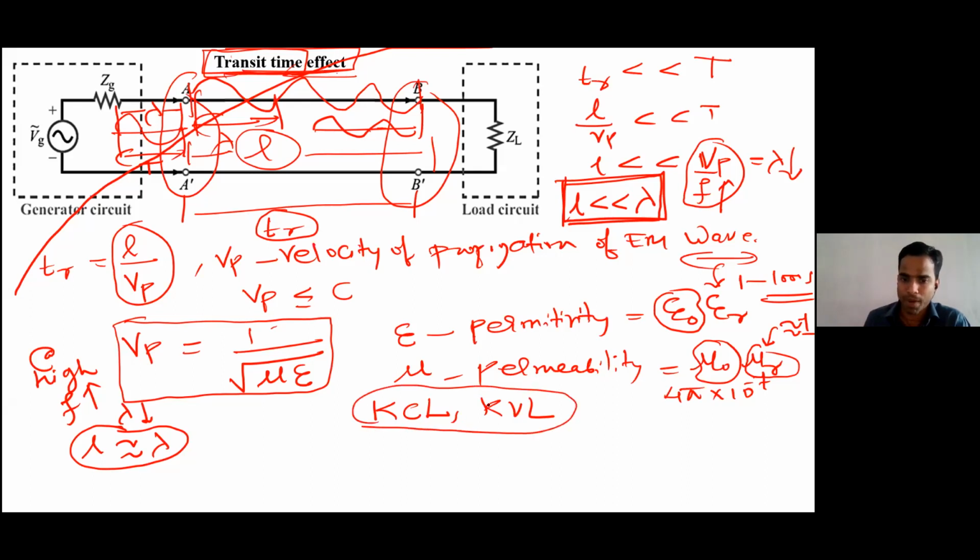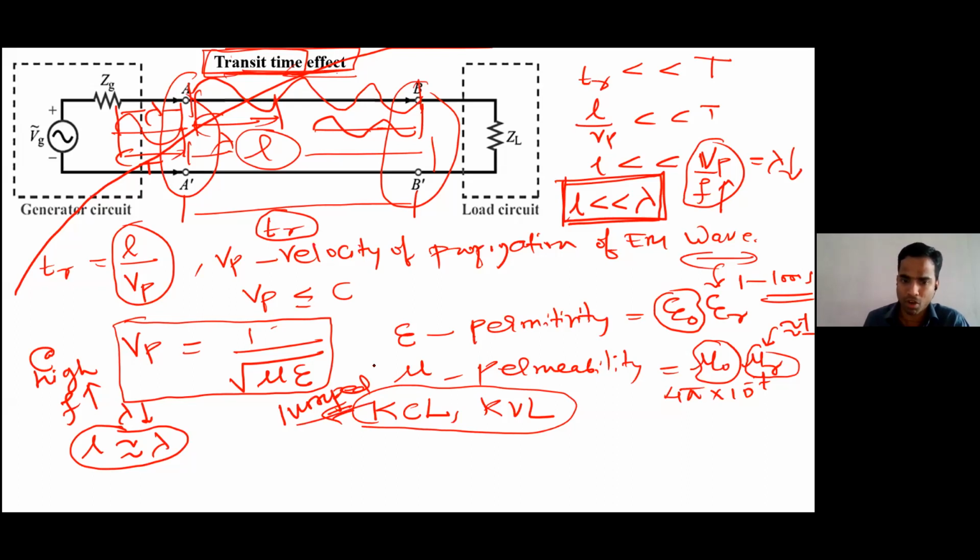Because what is the primary assumption of applying KCL and KVL? That your circuit is made up of lumped elements. Now, what are lumped elements?